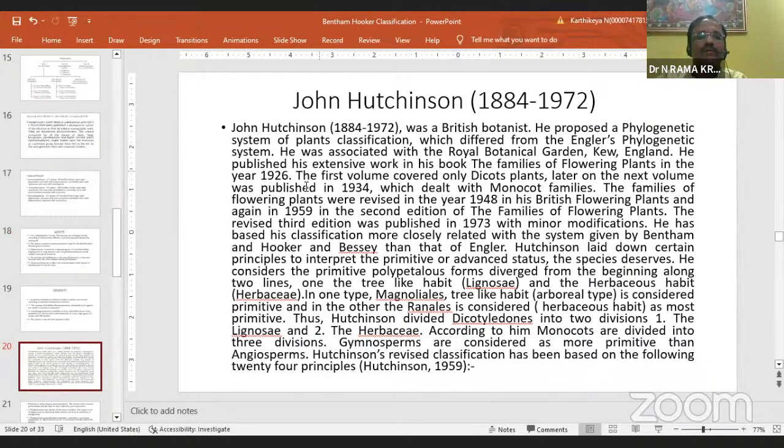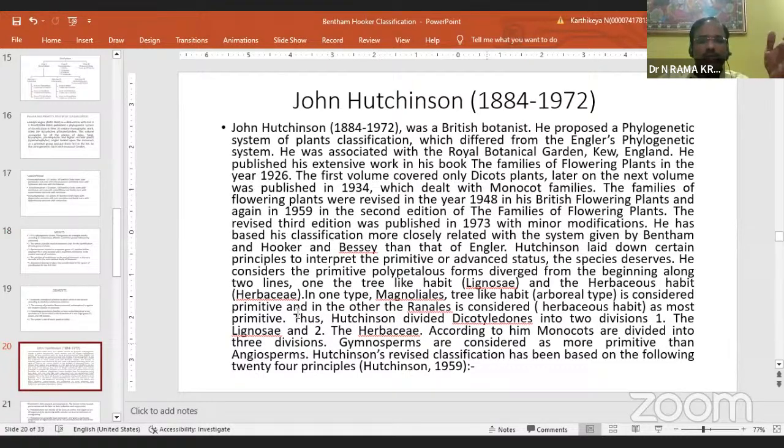The first volume dealt with dicots of plants, and the next volume, in 1934, dealt with monocot families. The families of flowering plants was a revised edition.